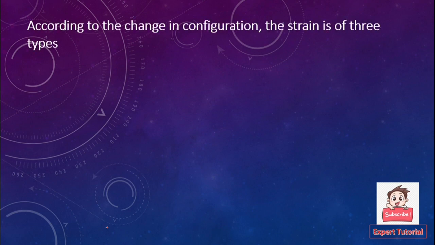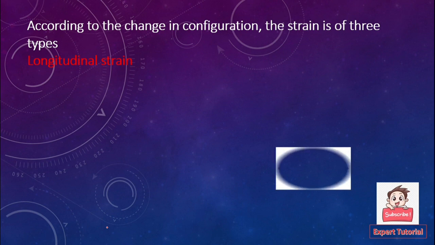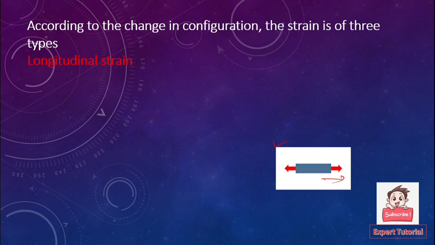Now there are three types of strains. One is longitudinal strain. Just see this picture. I am pulling this rod or something else, so it will be elongated.